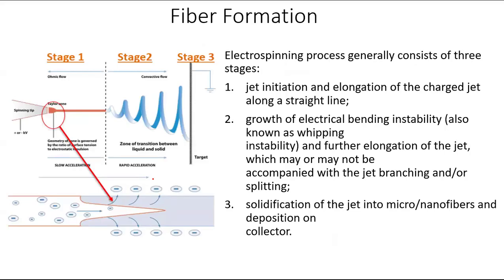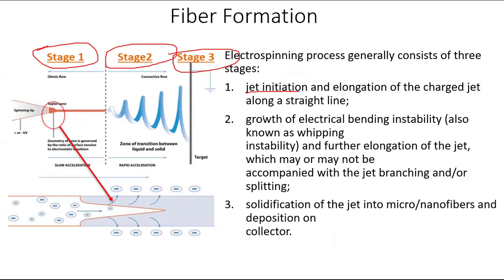So the fiber formation, accordingly, we can divide into three very important stages: stage 1, stage 2 and stage 3. What do you mean by stage 1? Stage 1 is what we call the jet initiation. It is where the surface tension is overcome by the electrostatic forces and the jet gets ejected like a straight line.